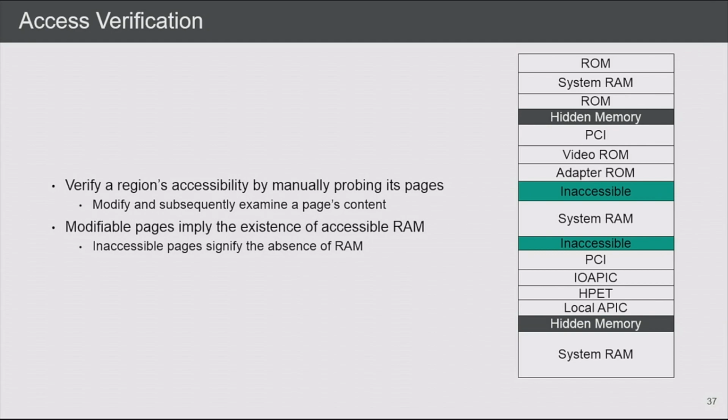We do this by modifying a few bytes in each of the remaining region's pages and subsequently examining if the page's contents changed. If so, we imply the existence of accessible RAM and just exclude other pages from our layout.